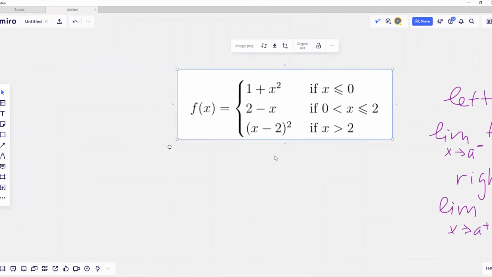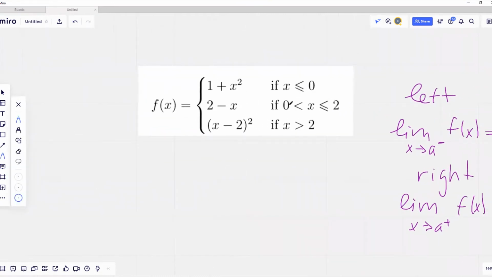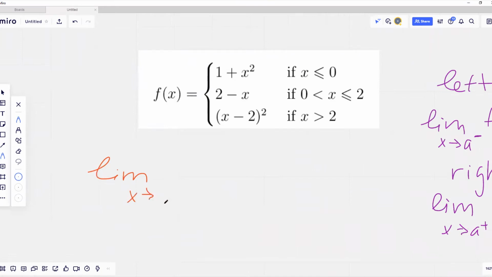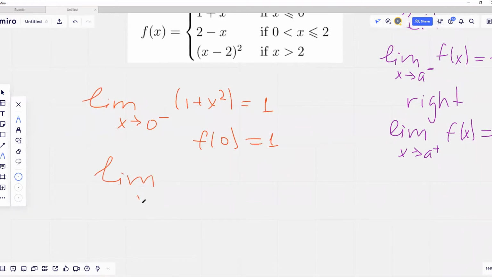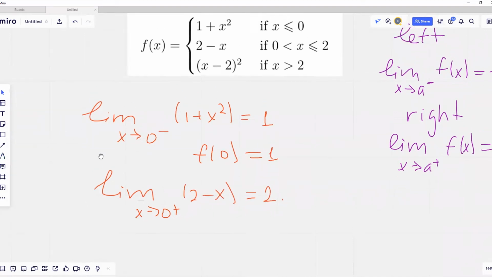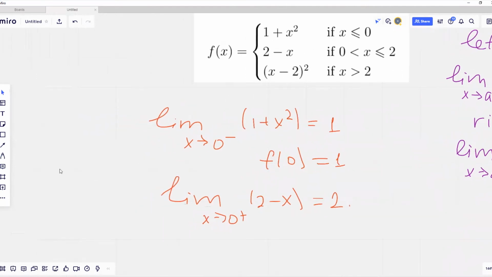Okay, so let's start. First, let's check this point 0. Limit as we approach 0 from the left is equal to 1. Our value of function at point 0 is equal to 1. Limit as we approach 0 from the right is equal to 2, meaning that function is not continuous.